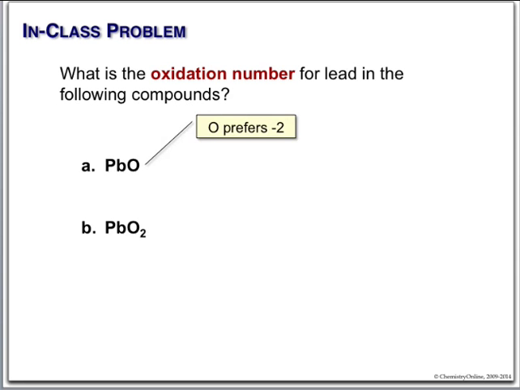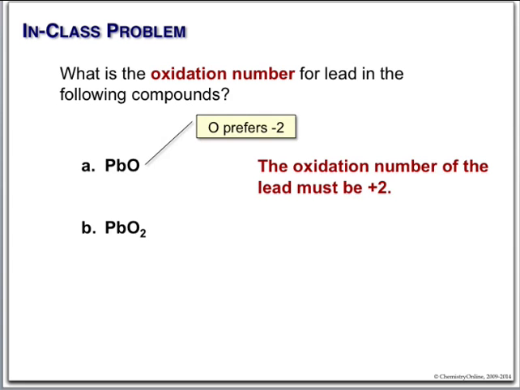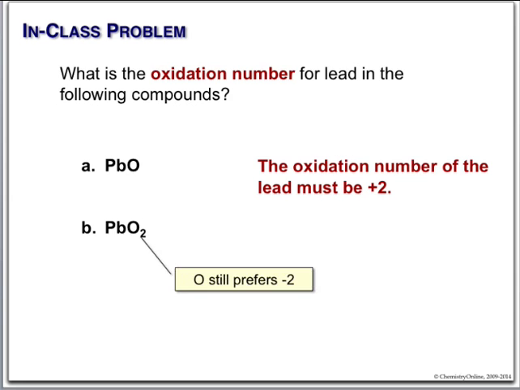If this is going to be neutral, what's the charge on our lead? +2. Here we have 2 oxygens, and they're -2 each. So that's 4 negatives, right? So what's the charge on our lead? +4.